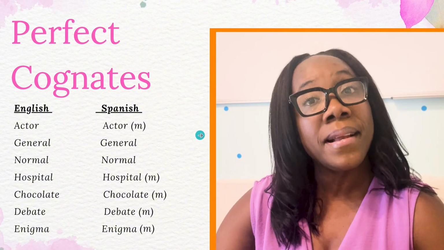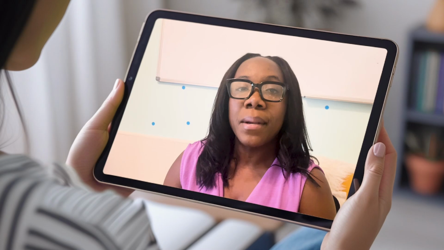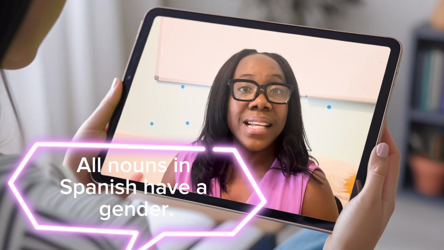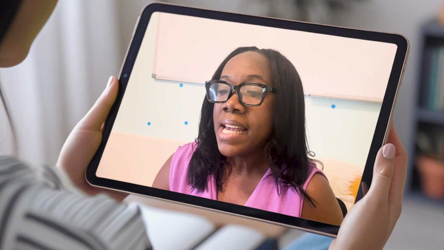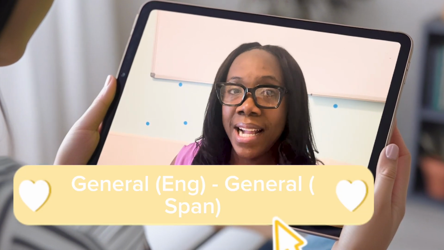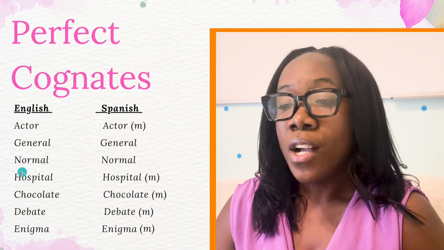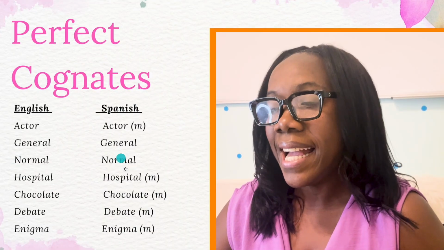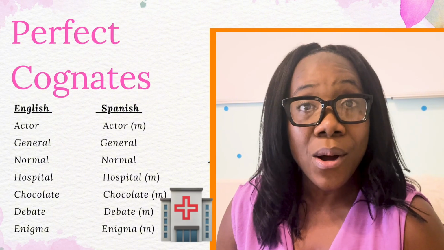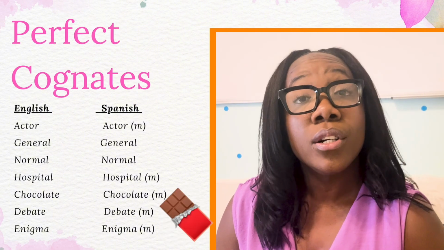And I've put in parentheses whether these nouns are masculine or feminine, because as you know, all nouns in Spanish are either masculine or feminine, all right? Then we have general in English, which becomes general in Spanish. Normal in English becomes normal in Spanish. Hospital, English, hospital, Spanish.